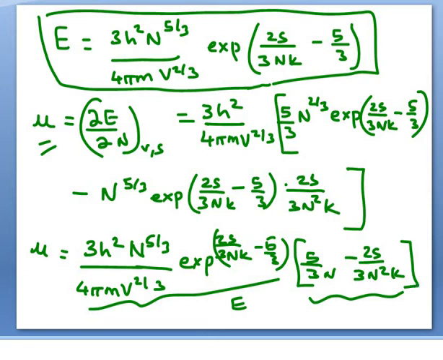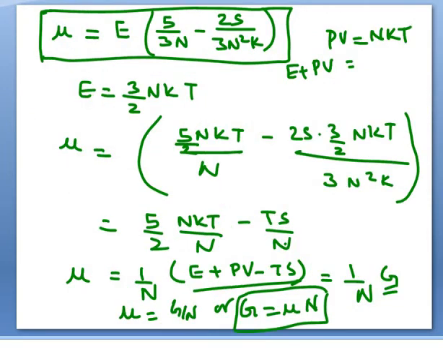Now, moving further, we will get mu is equal to E times 5 by 3n minus 2s by 3n square k. Now substitute for E. E is 3 by 2 nkT, which we have done before in the explicit calculation of microstates. Substitute here. So 5 by 2 nkT, here also 2s into 3 by 2 nkT, 2sE, no? So 2 cancels. Here 5 by 2 nkT by n minus TS by n.